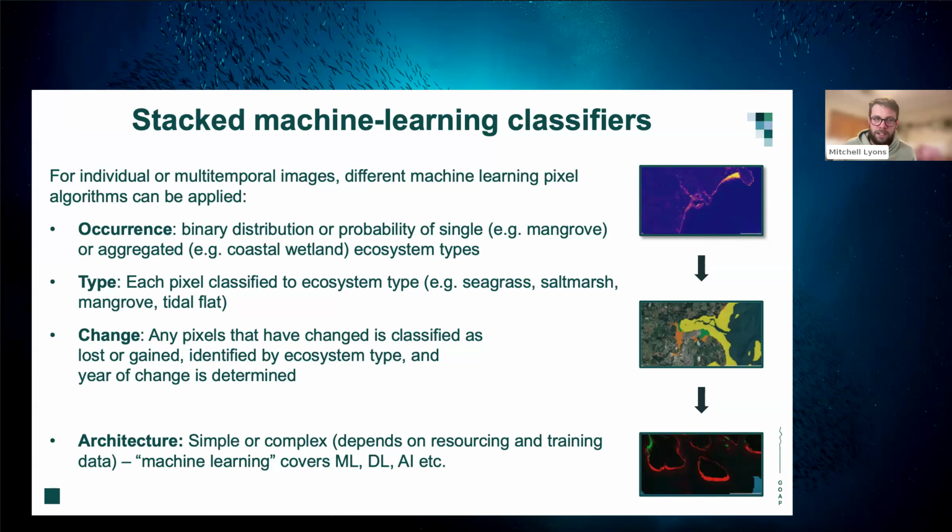We also have to choose an architecture. What I mean by that is choosing whether we use a fairly robust, well understood, supervised model, like a random forest or gradient boosting, all the way through to really modern cutting edge deep learning methodologies. And again, what you're able to implement is really dependent on the training data.